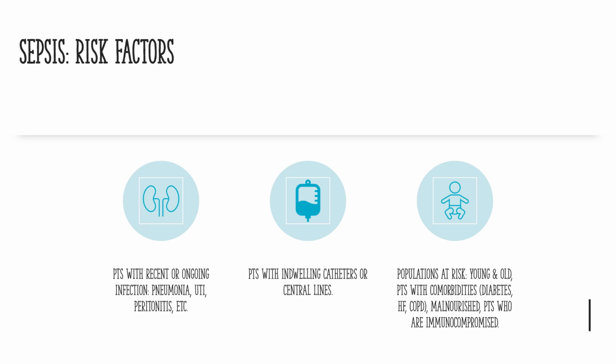You can think about dialysis patients too. And then again, your extremes of age, you're young and you're old. Many patients can be at risk for sepsis. These are just some risk factors, but always keep it in the back of your mind that your sick patient could certainly develop this while they're with you and in your care.